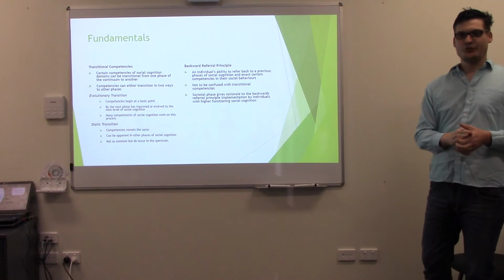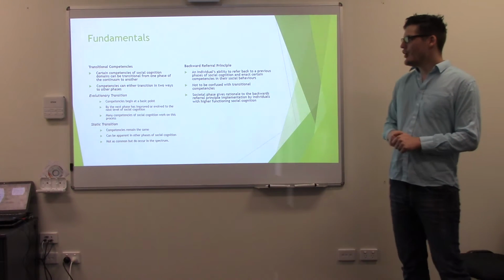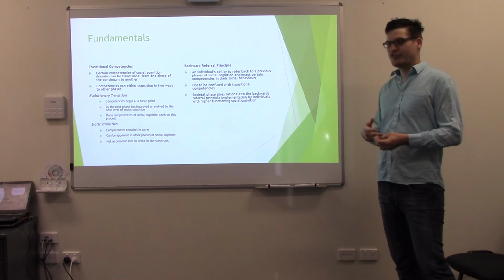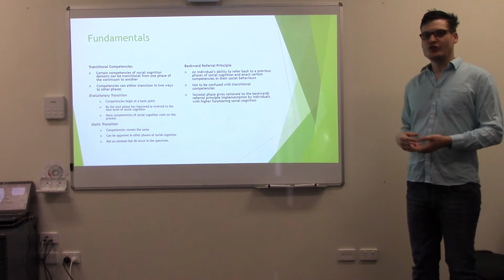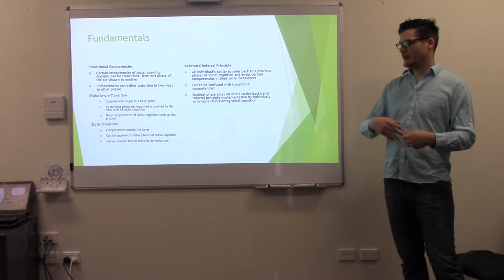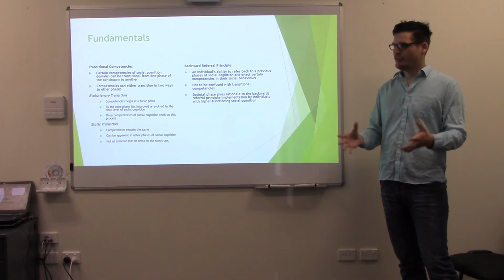Many competencies in this spectrum follow evolutionary transition. One of the big examples is communication skills. So we see from a baby, they start out by crying and using nonsensical noises to communicate. And then by the next stage, they're starting to form very simple sentences.